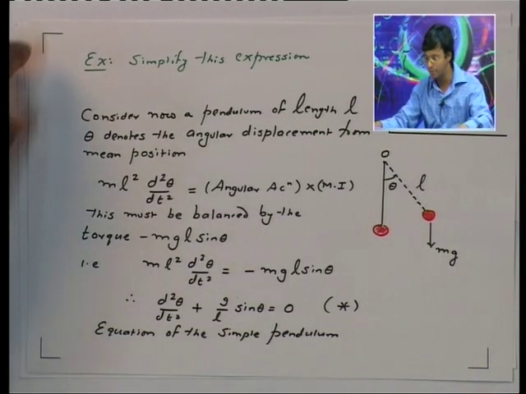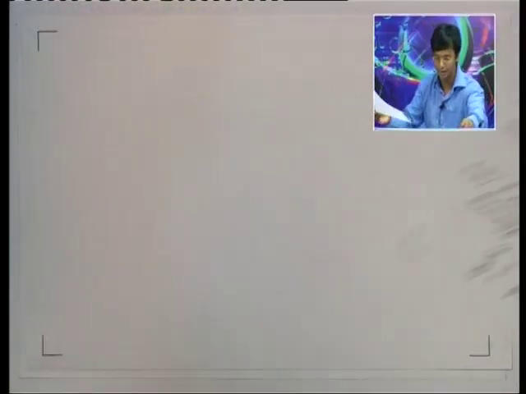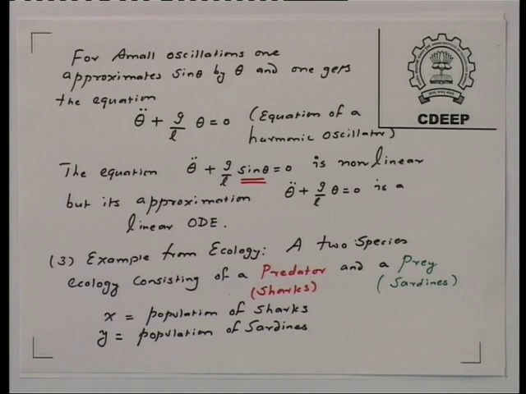The non-linear expression has now been replaced by a linear expression. What is that linear expression? Theta double dot, the dot refers to differentiation, the second derivative of theta, plus g over L theta equal to 0. This is a linear differential equation. Linear differential equations are easier to handle than non-linear differential equations. So, this is the equation of a harmonic oscillator.